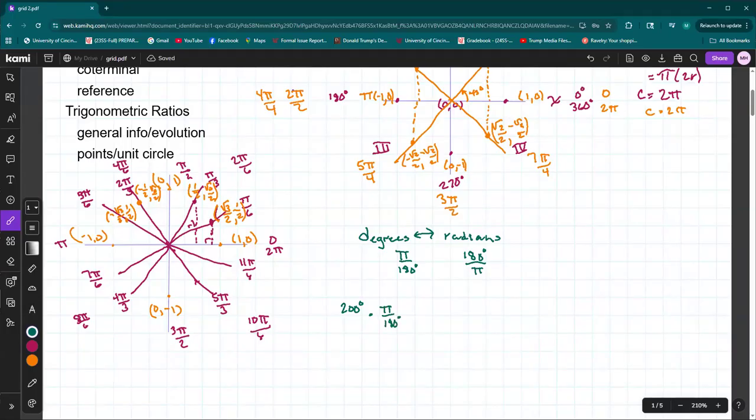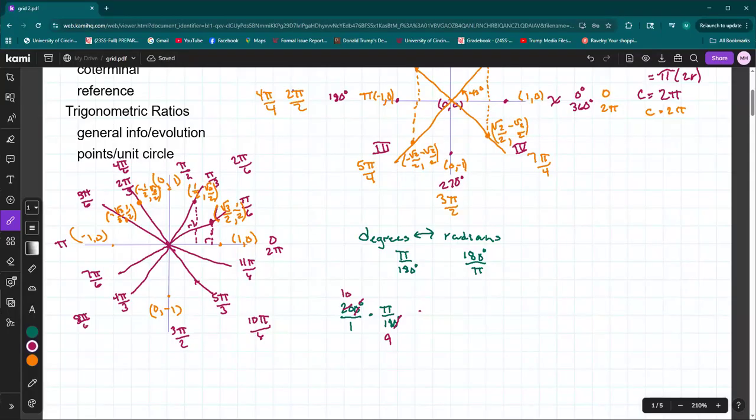Now, whenever I'm dealing with fractions, it's easiest to deal with a fraction and another fraction. So 200 is the same thing as 200 over 1. If they didn't give you a fraction, make it a fraction by putting it over 1. Now, when I'm looking at this, my degrees cancel out. I can divide both of them by 10 and get the zeros to cancel out. And then I can divide 20 and 18. 2 goes into both of those, so this becomes 9 and this becomes 10.